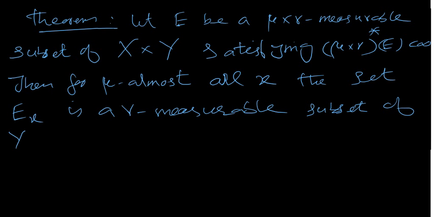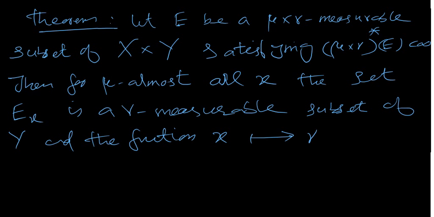And the function which maps x onto, because now it's measurable, we can find its outer measure, nu star of Ex. So this is a function of x. So x maps onto nu star of Ex. It's a real valued function because nu star of Ex is a real number.